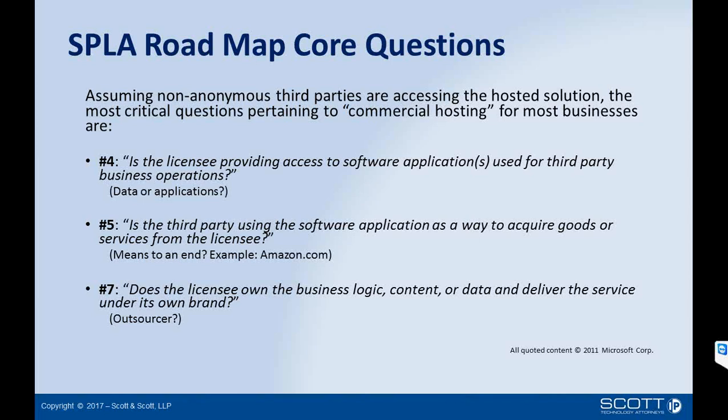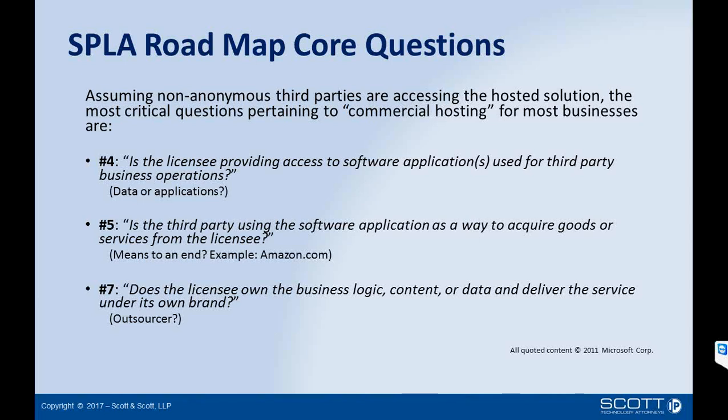And I would say most of the cases that I look at turn on the answer to this question. And the best way that I explain this to a customer is that a third party is using the software application to acquire goods and services from the licensee if the solution is ancillary to the service.